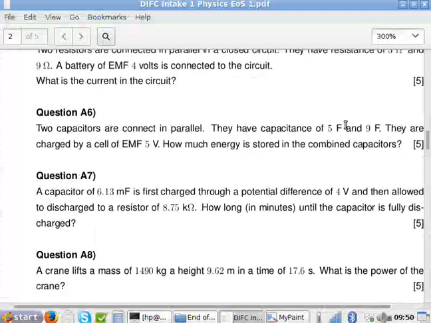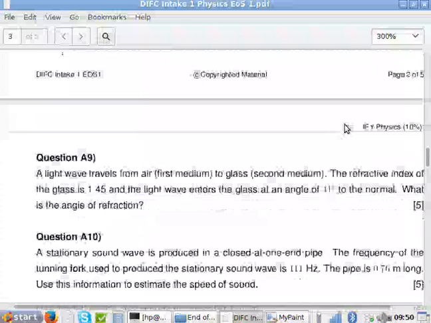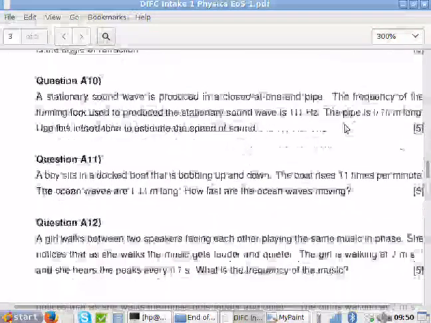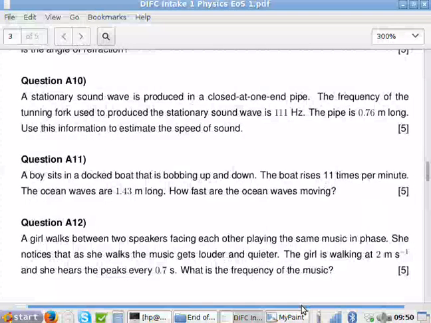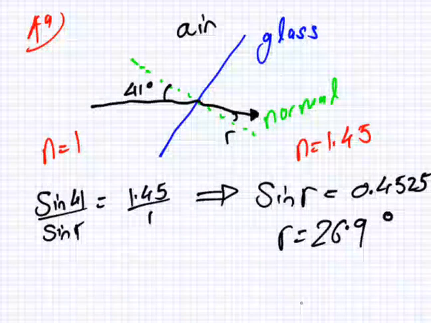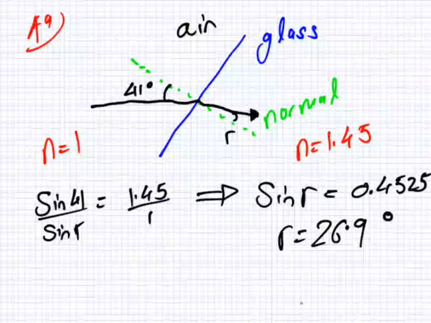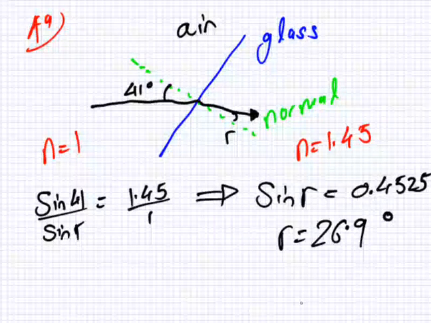So what you have here is your capacitor, and then it's allowed to charge up. So while it's charging, it's being charged with a 4-volt cell, and then the capacitance here is 6.13 milli, and then the resistance here is 8.75 kilo ohms.